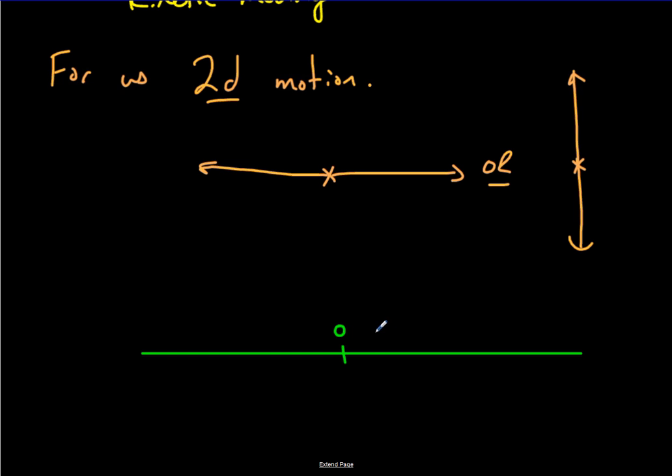Okay? So a number line is just a line, and onto this line we put evenly spaced intervals, and we mark them. So 1, 2, 3, 4, 5, 6, 7, 8, 9, 10, and so on.